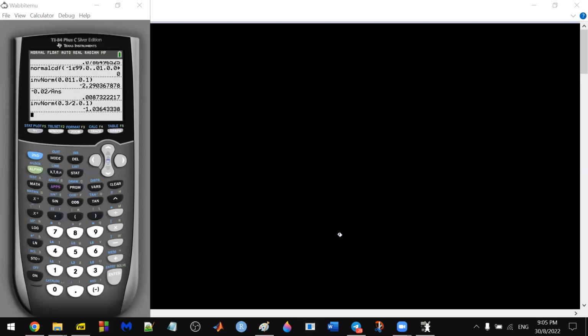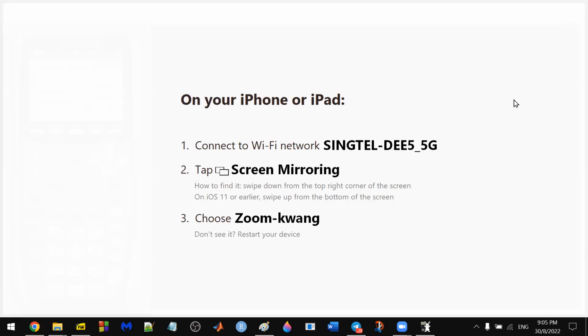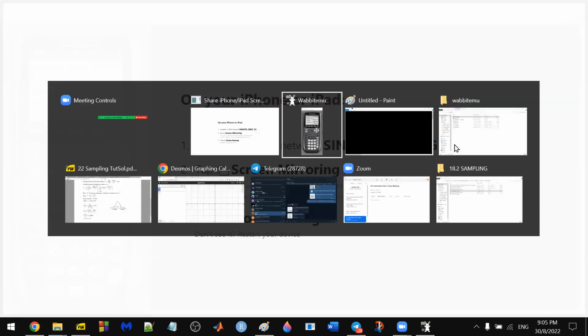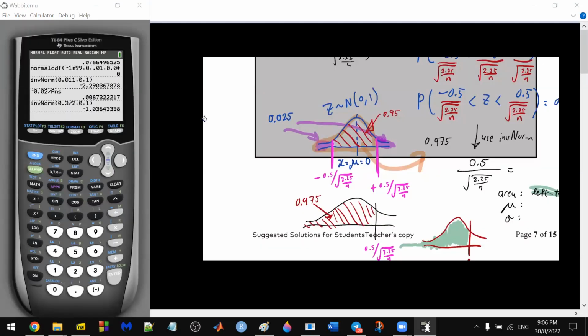Oh no. Wait. Let me change screen. How do I remove this? Give me a moment to set it up. Right. This is share screen. Can you see? Okay, good.